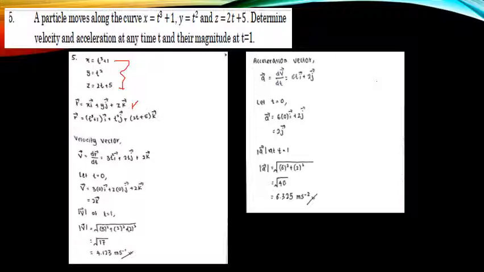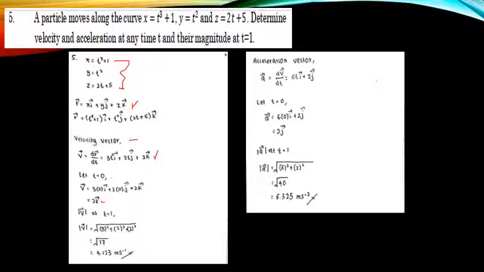For velocity, we use dr over dt, and we will get this new equation, 3t squared i plus 2tj plus 2k. So when t equals 0, we get vector v, which is 2k only.